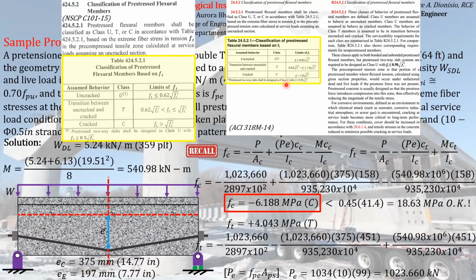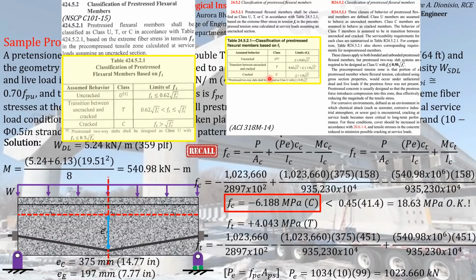So again, if you can remember our very first discussion, we are saying that we want our pre-stressed concrete element to be uncracked, meaning we don't want it to experience cracking. And according to this table, if the concrete element will experience a tensile stress greater than square root of fc prime, you can say that the concrete element itself is already cracked.